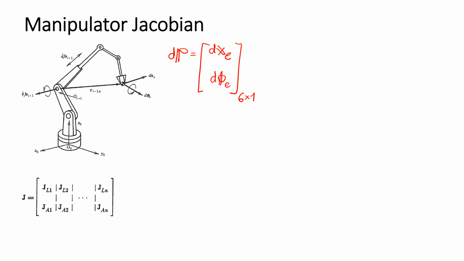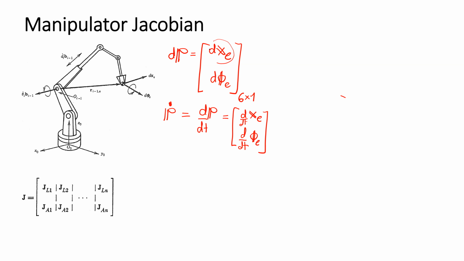For the velocity, it is the derivative of the position vector by dt. We differentiate the position, we differentiate the orientation vector by dt.